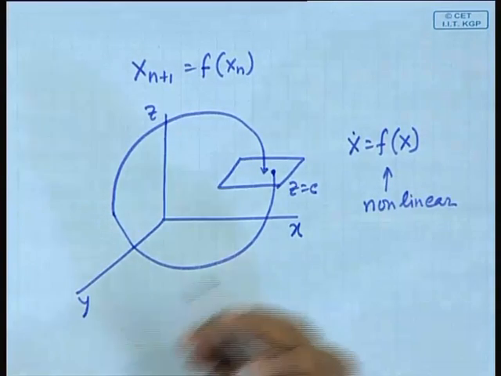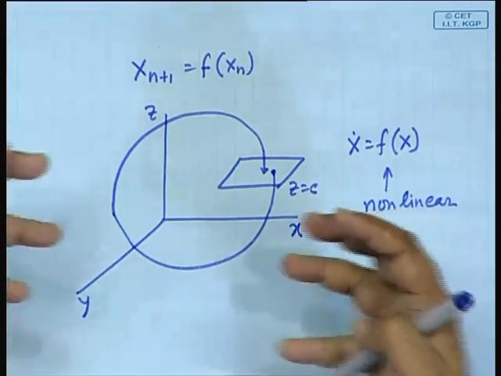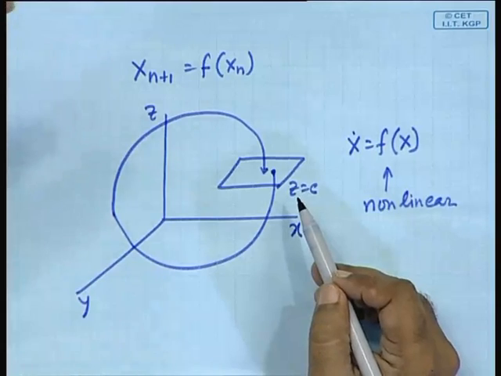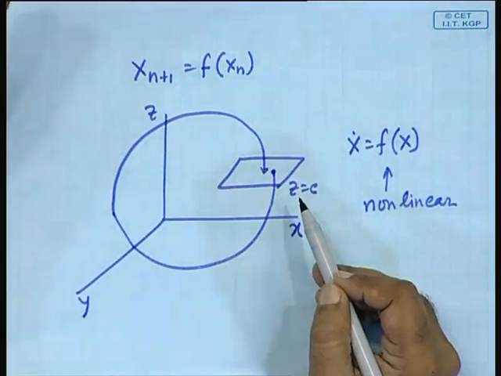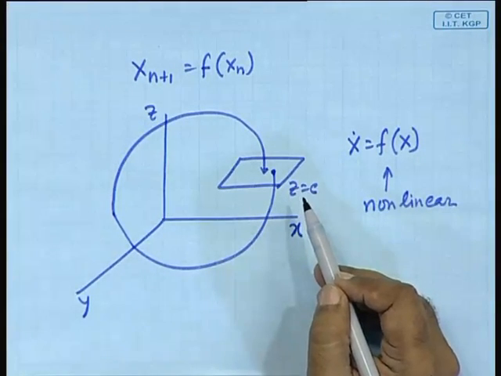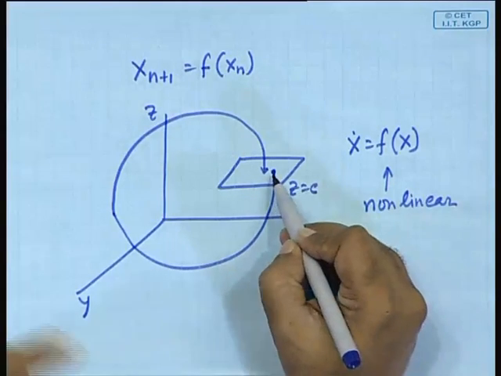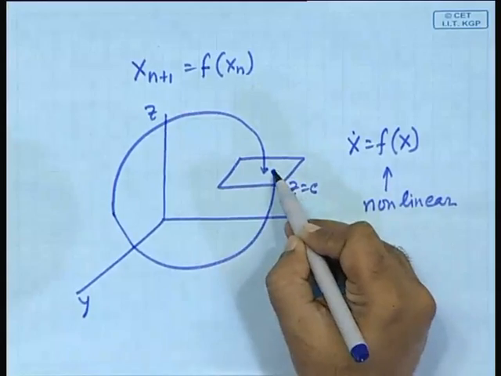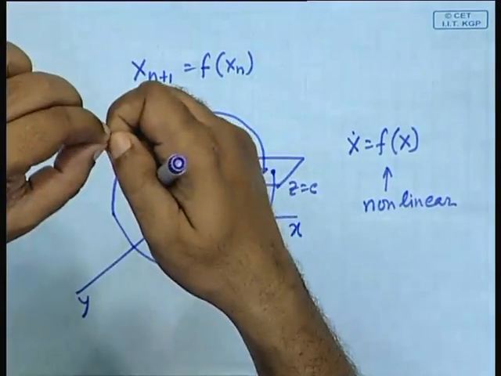So, the process of obtaining this is actually a subroutine in your code. What does the subroutine do? It starts from any given point on the Poincare section, and it only calculates till the next piercing.